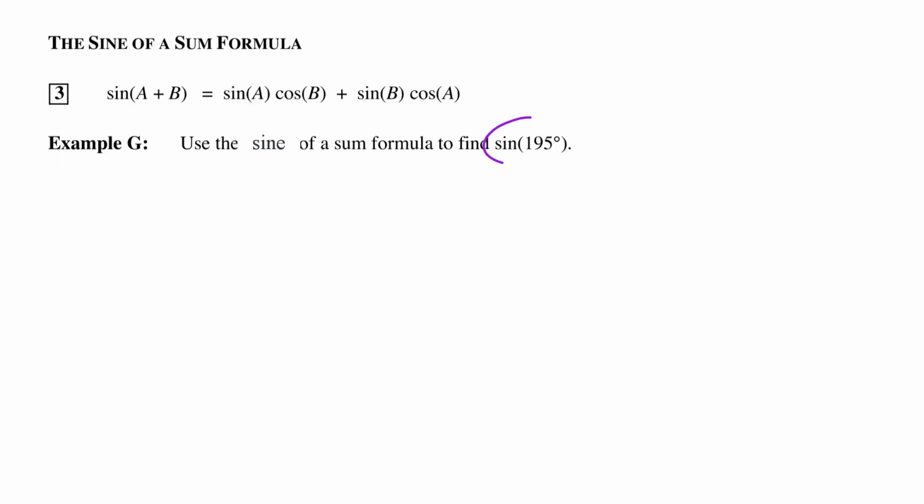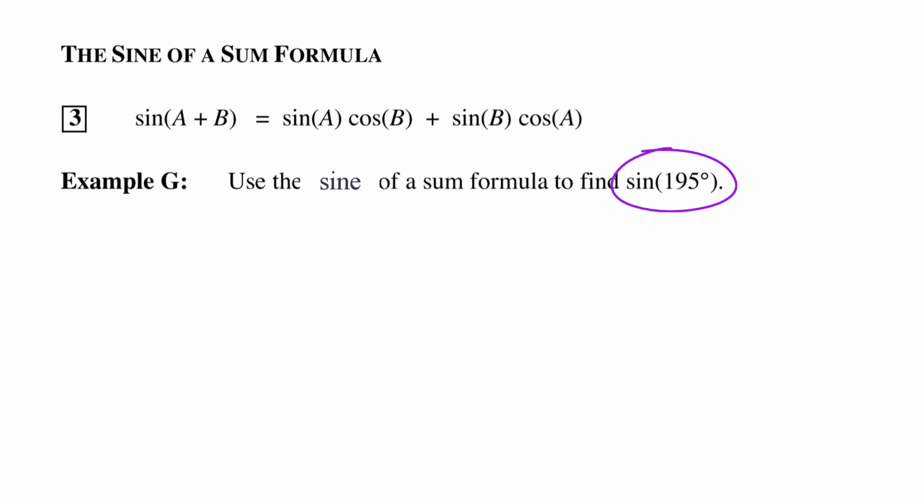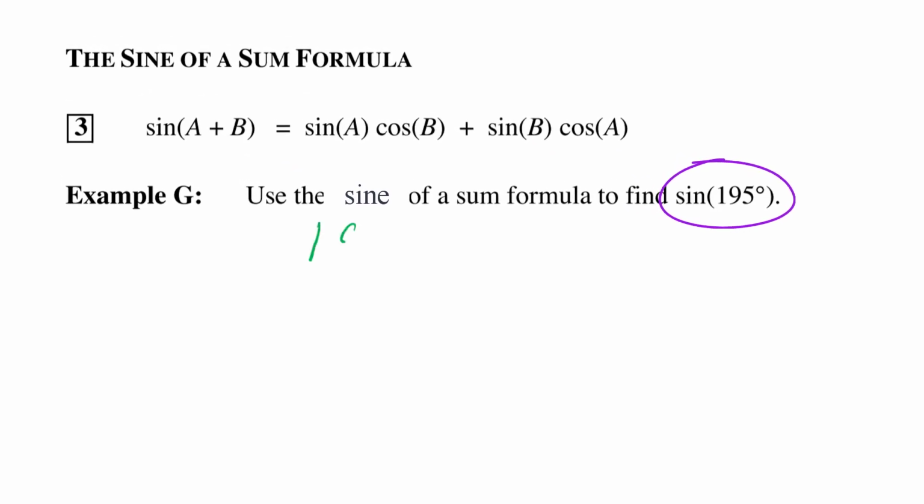And now let's find the sine of 195 degrees by treating it as the sine of a sum. Now 195 degrees ends in a 5, which means we probably have 45 degrees as one of the angles, or maybe it's 135 degrees as one of the angles. And you can see the pair of angles that add up to 195.